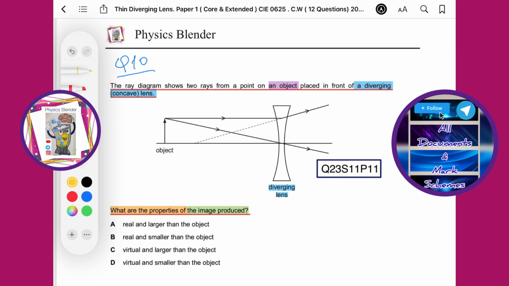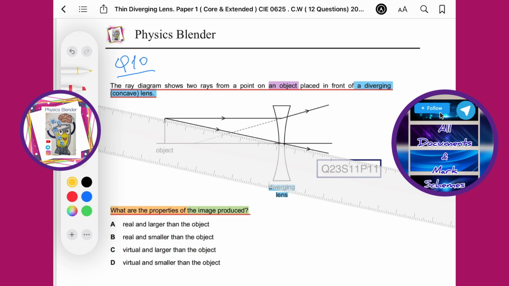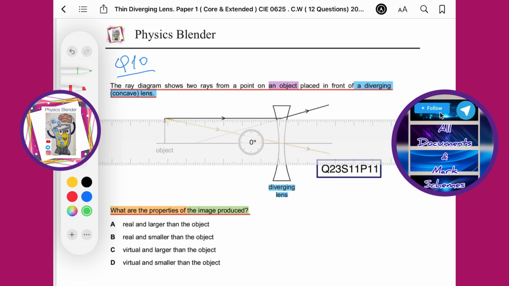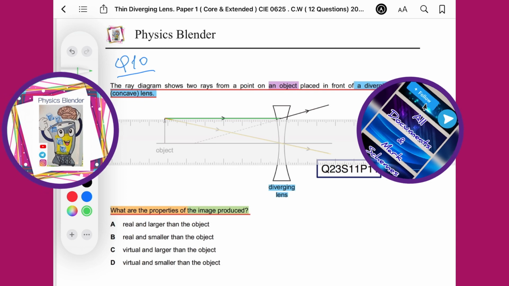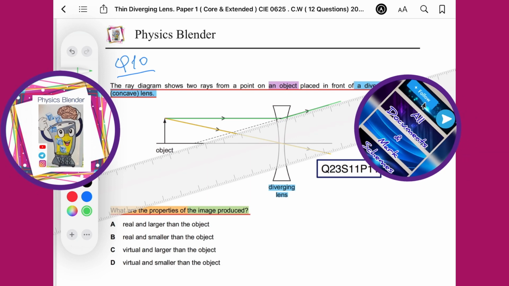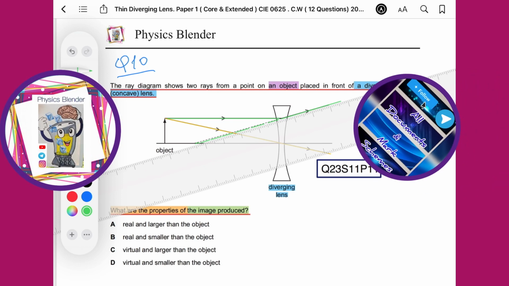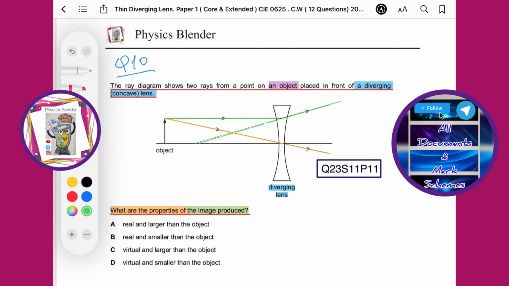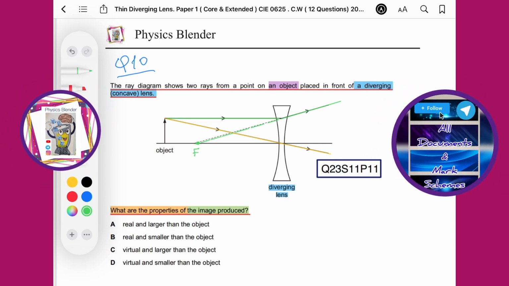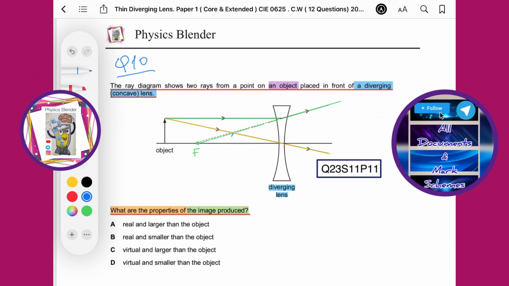As I told you earlier, we have two standard rays: one passing through the optical center undeviated, and the other one parallel to the principal axis, so it will be refracted and diverge, but its extension will lead you here to the focus. So this is F. Where the two rays intersect, this is where you can find the location of the image. So the image is here.